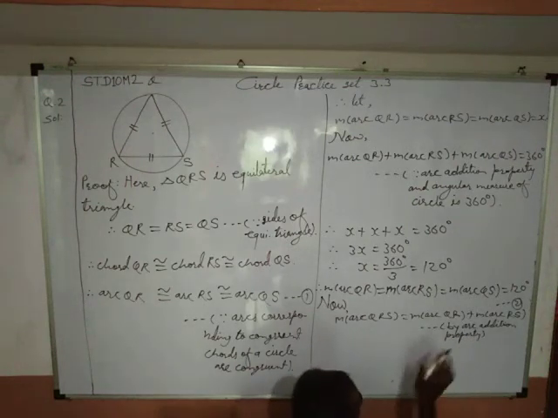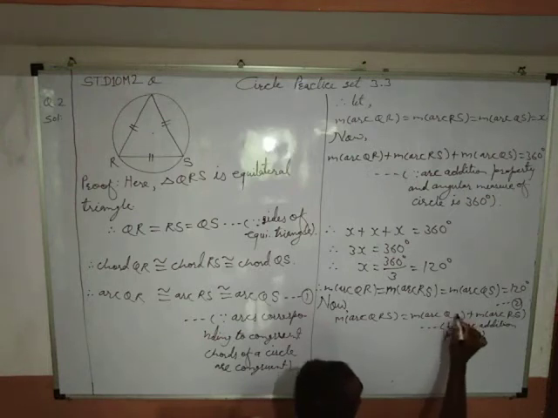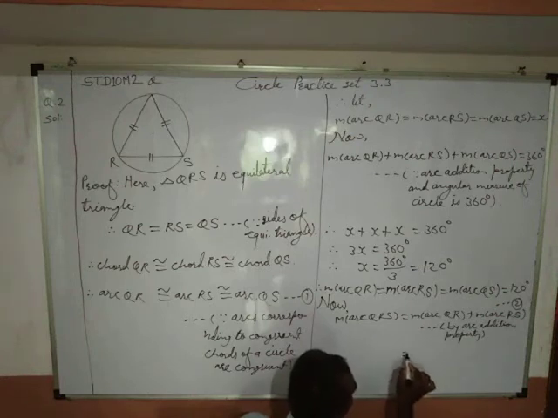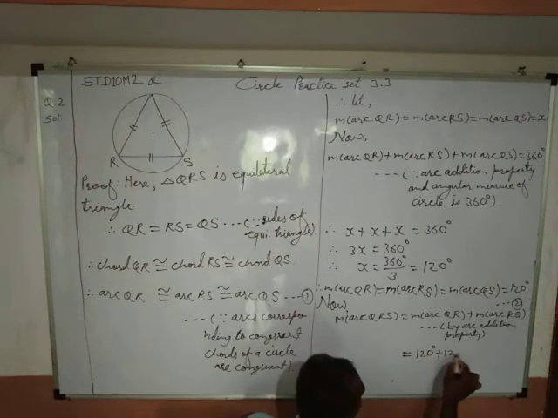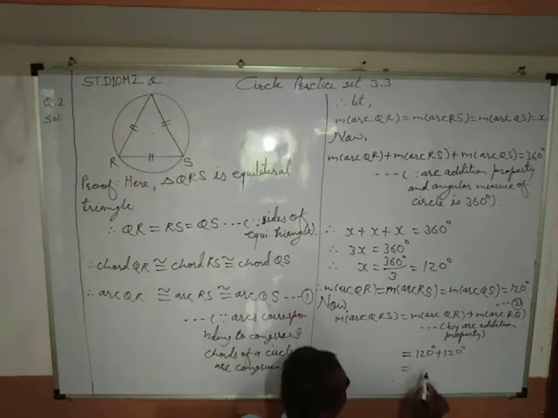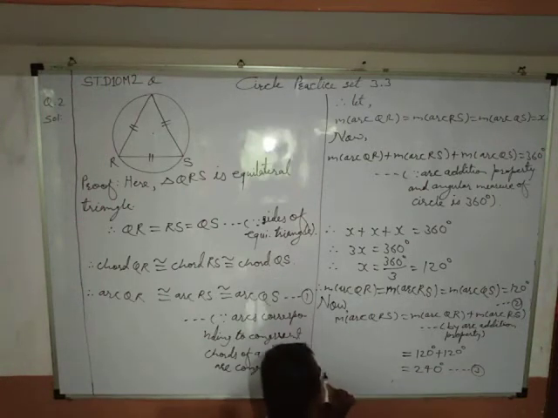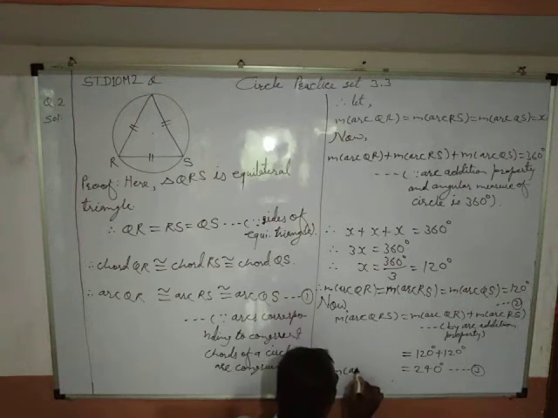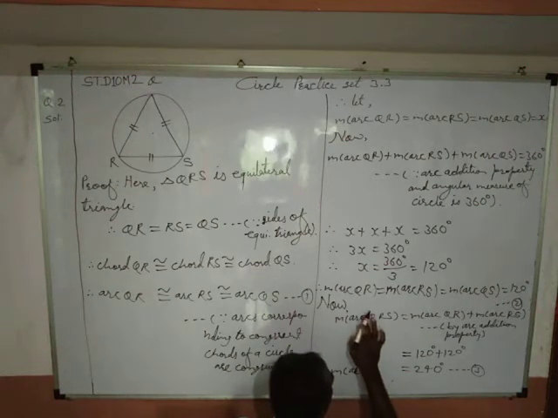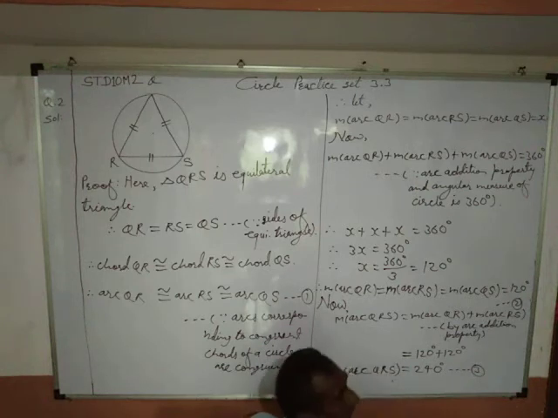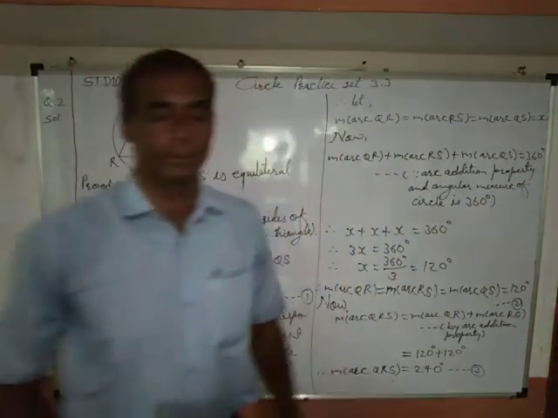Okay, we have measure of arc QR as 120 degrees and measure of arc RS as 120 degrees. Let's put these values: equals 120 degrees plus 120 degrees, which gives us 240 degrees. Equation third. Therefore measure of arc QRS equals 240 degrees. Hence the proof.